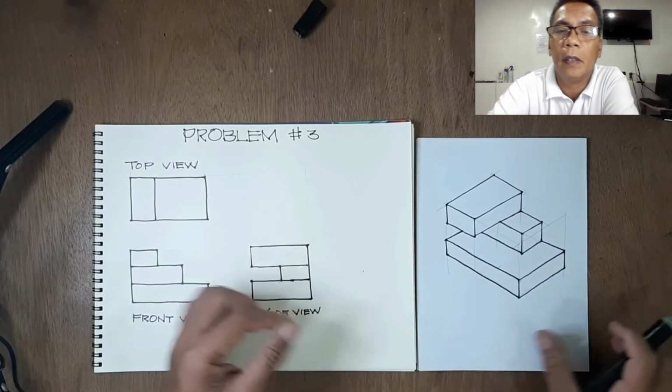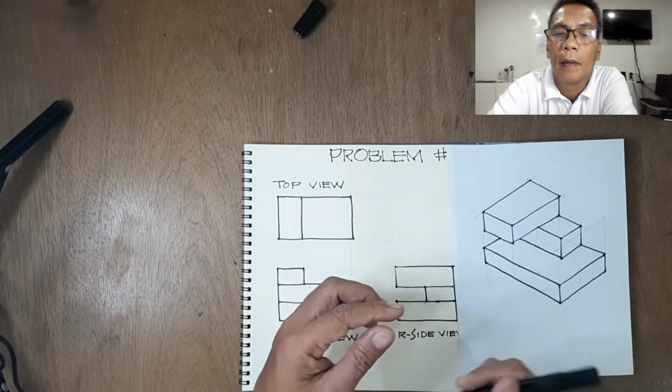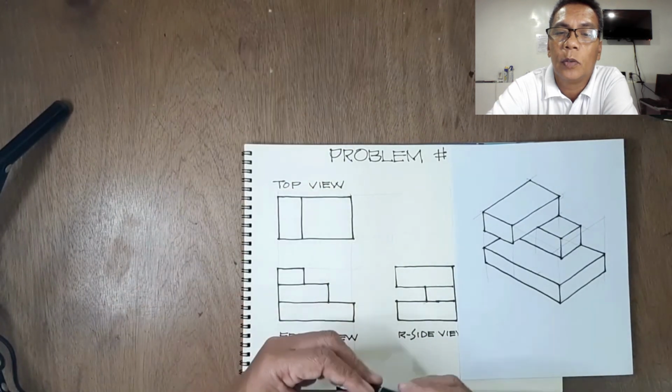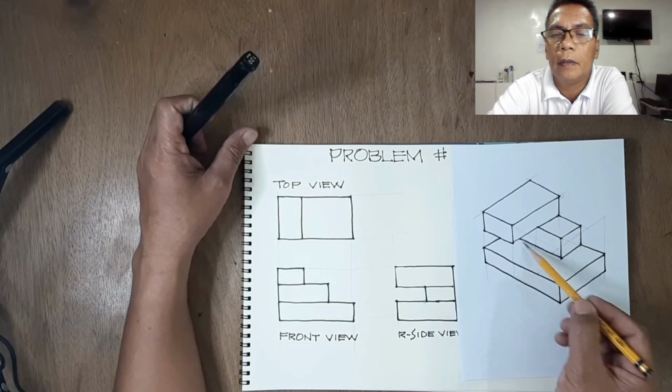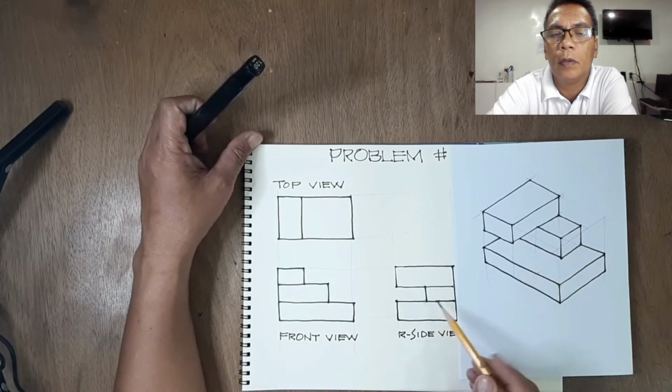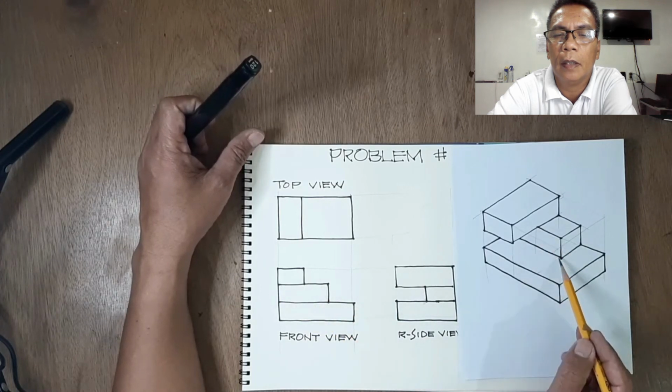Now, referring to top view. So we have 3 lines needed to be drawn on the top view. One is a vertical intersecting the horizontal.